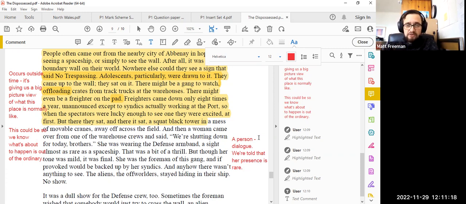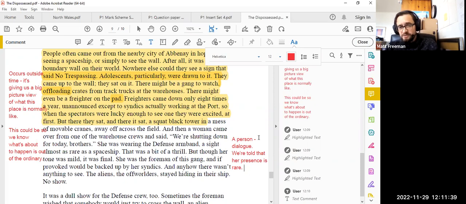Firstly, if this is an unusual event, having somebody wearing a defense armband, which we can guess from the context might involve some sort of military presence, some sort of guard or something like that, it tells us that this is a society, a culture that doesn't really need or want these things. So it tells us a bit about the society and culture.